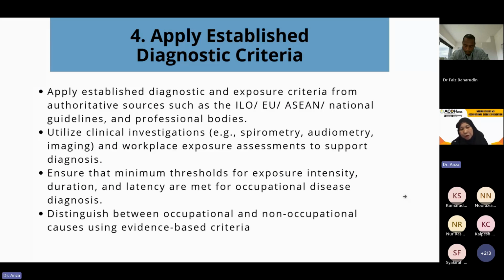After that, we apply the information that we gather to an established diagnostic criteria. There are many of them.